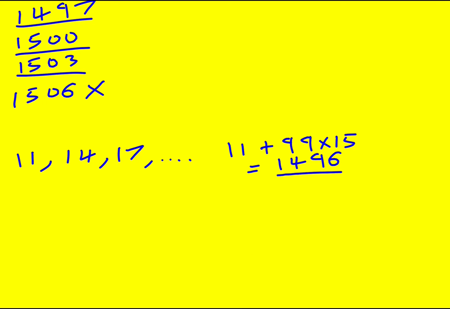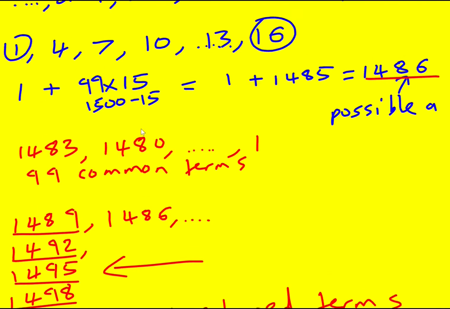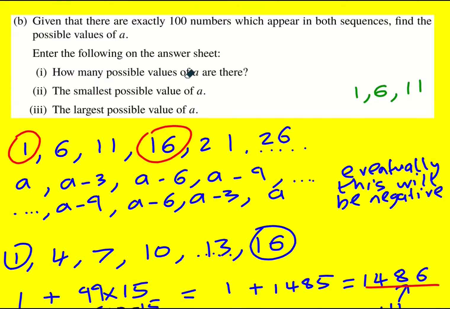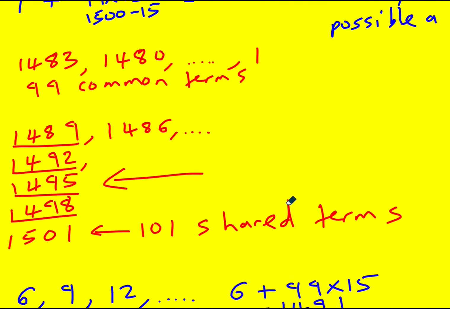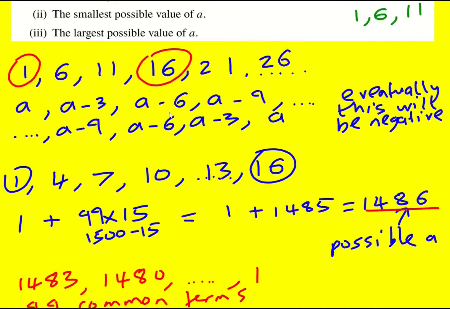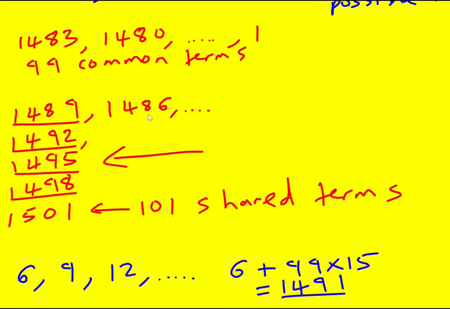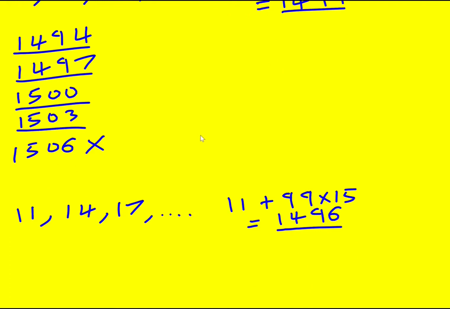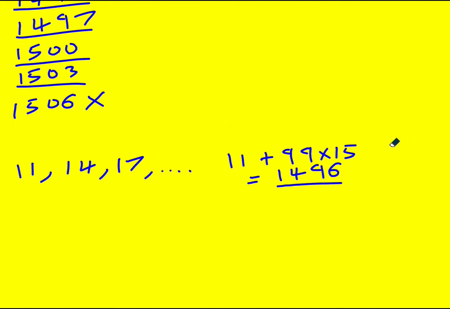That's going to be a possible value for A. I'm finding them all. Actually, the question just says to find how many there are. And I can see now there's going to be 3 lots of 5. It's going to be 15. And then it asks for the smallest and the largest. So you might be able to very quickly figure that out. But I just feel like it's best to actually find them all.